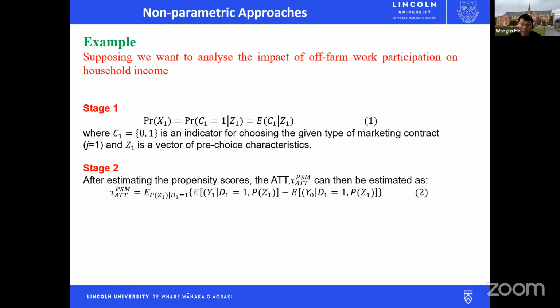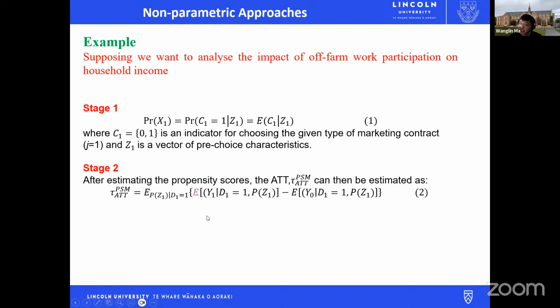All these variables are controlled by Z. And then after estimating the propensity score, we can match participants and non-participants based on the observed characteristics and compare the outcome variable.